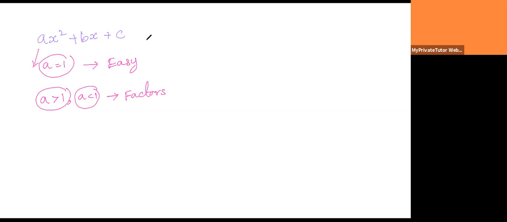So let's try finding the factors when a equals 1, guys. Let me take some questions. Just give me a second. Yeah, got one: x square plus 5x plus 6.